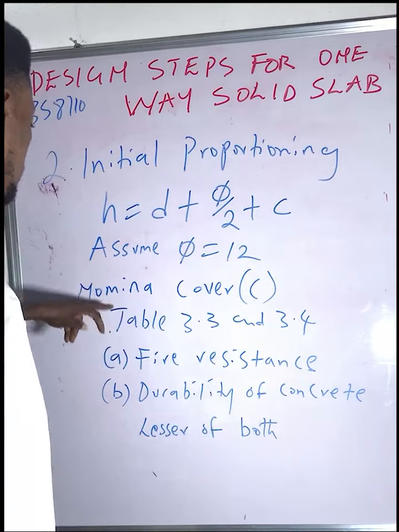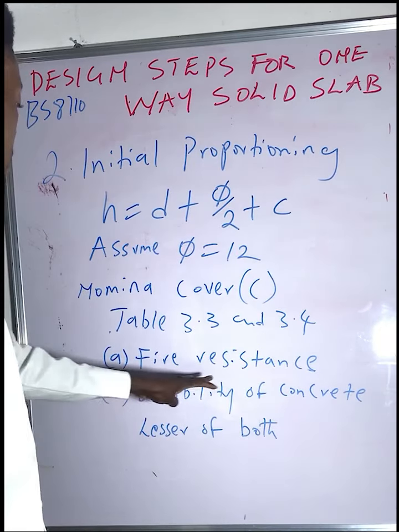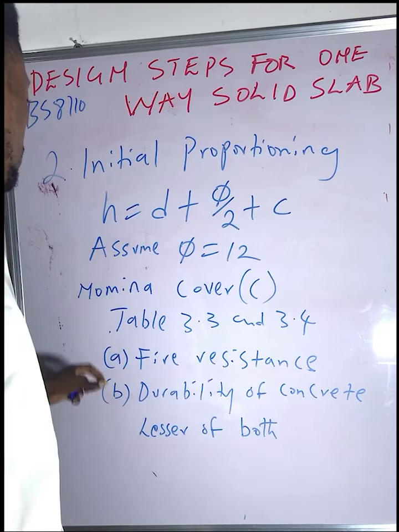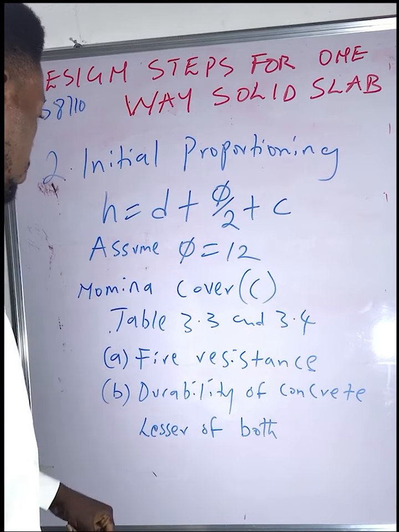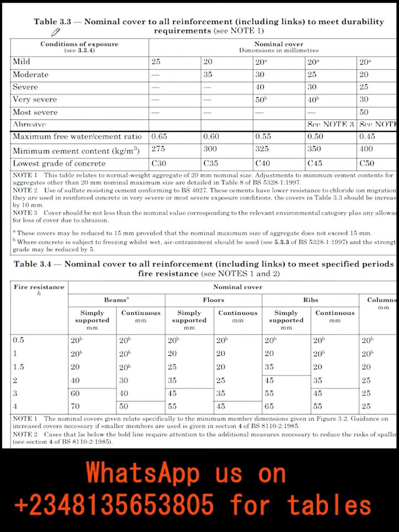So from table 3.3 and table 3.4, you check for fire resistance and durability of concrete. So you pick the lesser of both to get your nominal cover of concrete. If you want to pick your nominal cover from table 3.3 and 3.4 of BS 8110, you consider two things: your durability of concrete and your fire resistance.